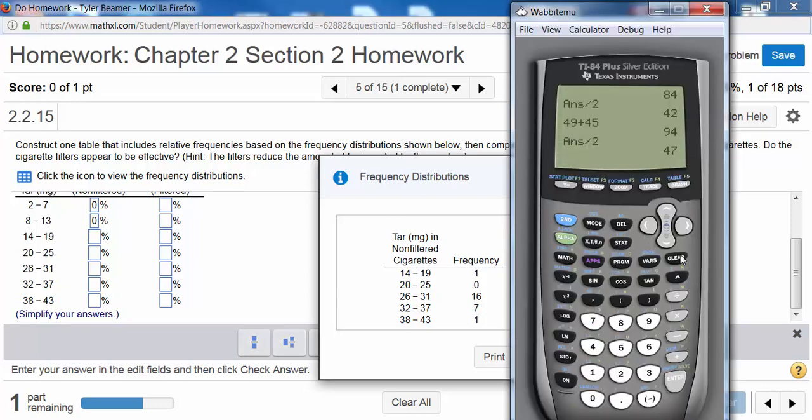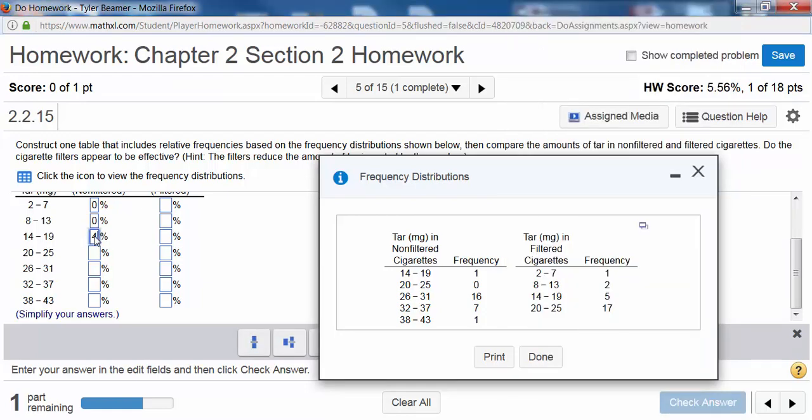So if I do 1 divided by 25, and that's 0.04, times it by 100, I get 4%. So that goes here.